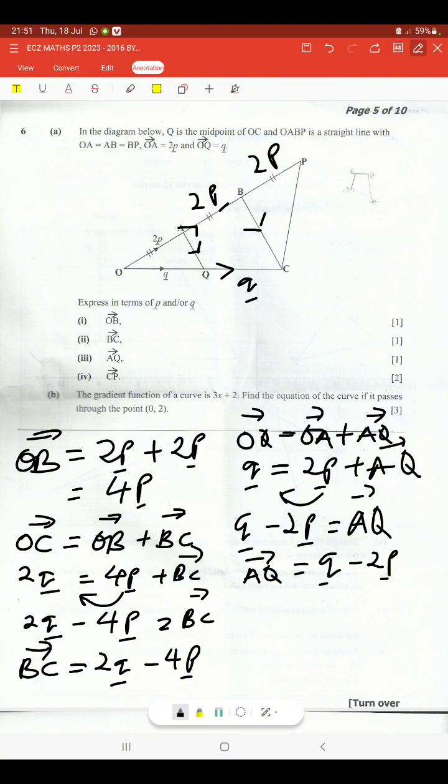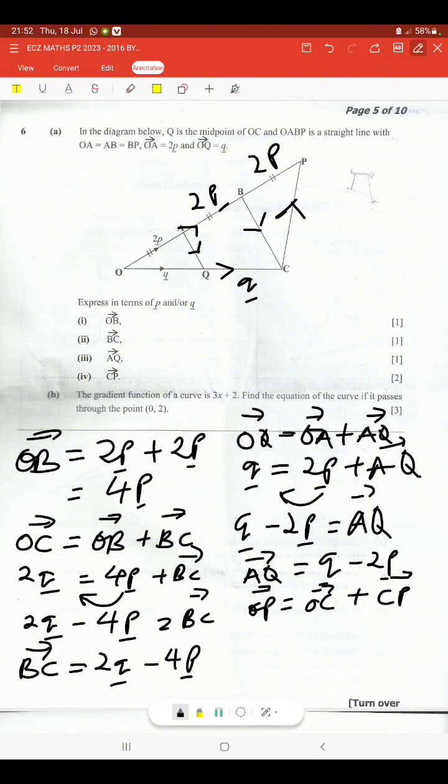Then we've been asked to find CP. CP is actually going in this direction. So the resultant vector is OP, which equals OC plus CP.